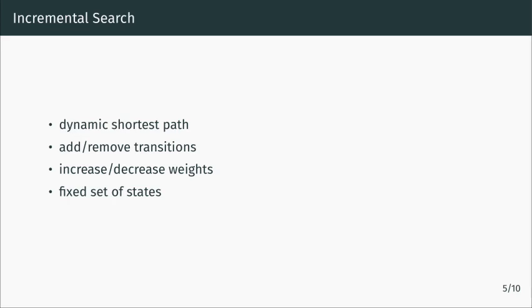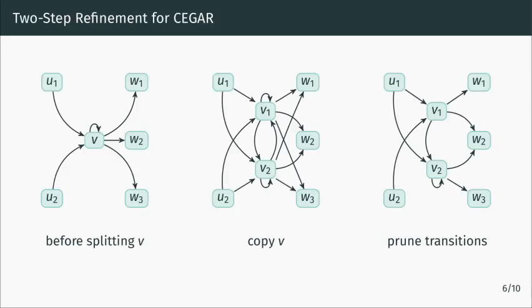And they usually assume a fixed set of states. And obviously this is not given in our case because in each iteration of the CEGAR refinement loop, one state is added. So how can we use this incremental search anyway for CEGAR?